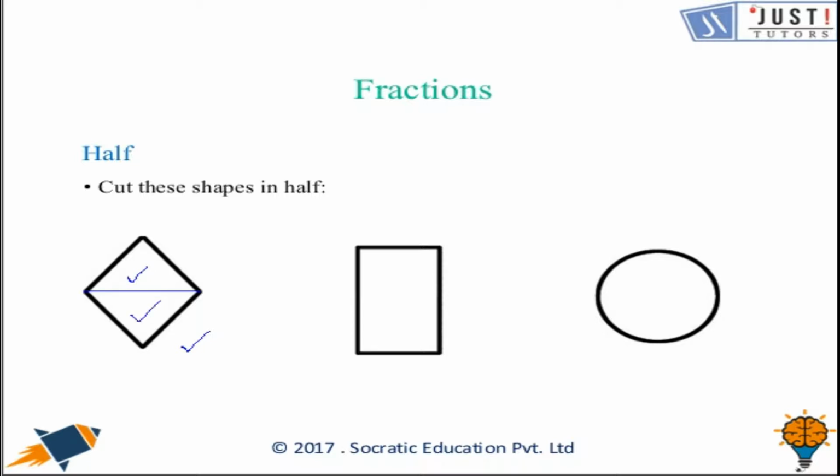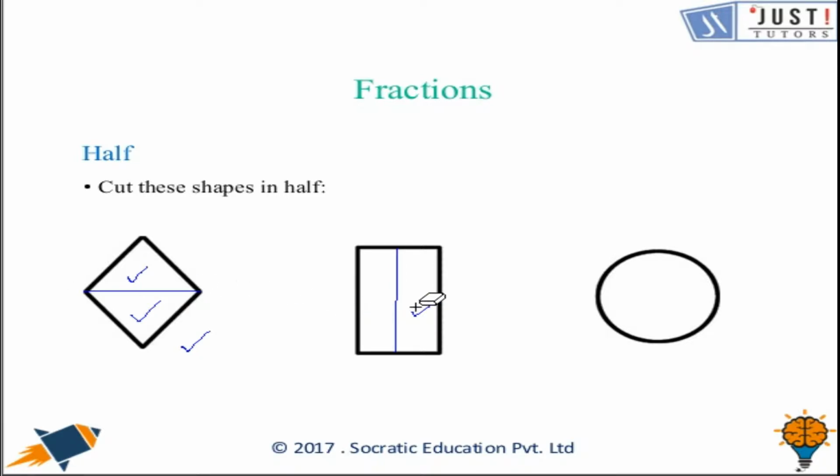Similarly, in the second figure, you can cut it into 2 equal parts like this. You'll just need to join the middle points of the top and the bottom sides. So this is how you'll have these 2 halves here.